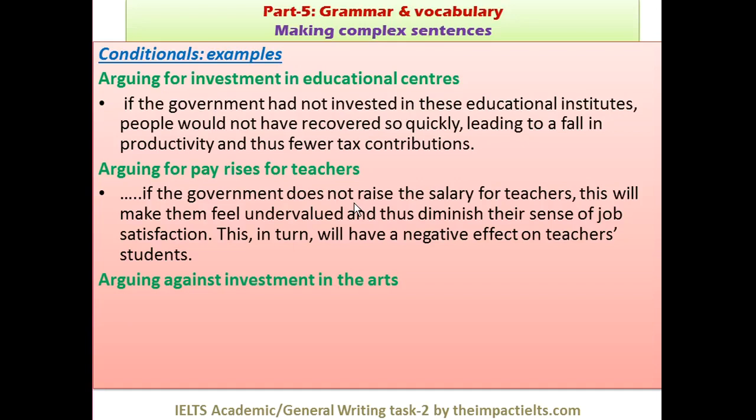And then it can be written that if the government does not raise the salary for teachers, so clearly I am talking about the present to future, this will make them feel undervalued and thus, so now it is going to be turned into a compound sentence, and thus diminish their sense of job satisfaction. This in turn, that's not a conditional sentence, but I'm just showing you how to use it. This in turn will have a negative effect on teachers, students.